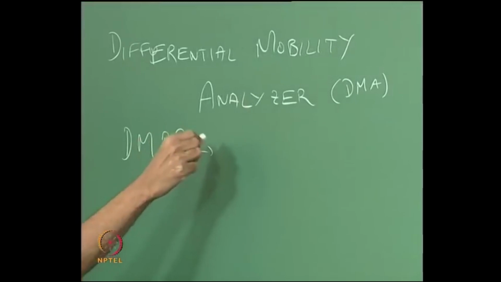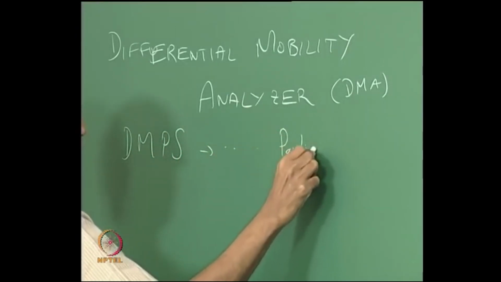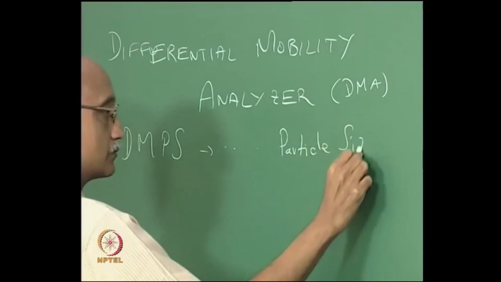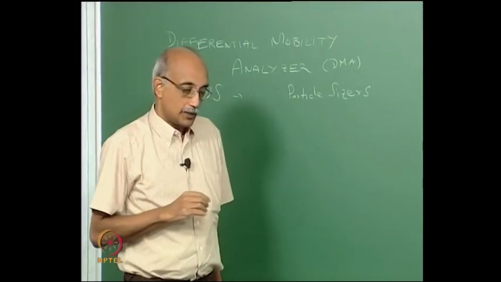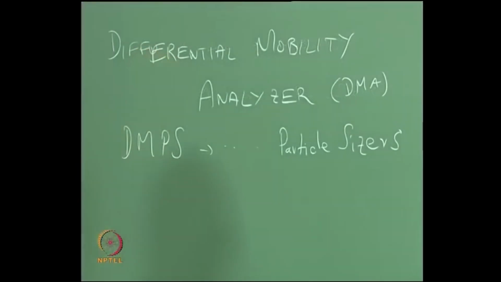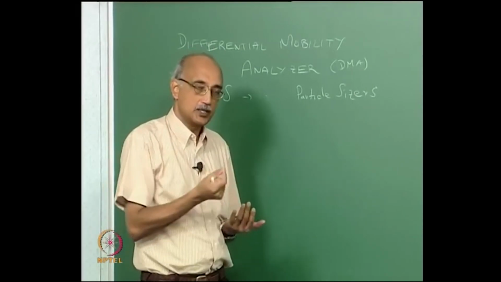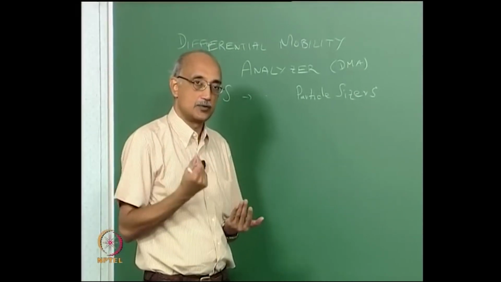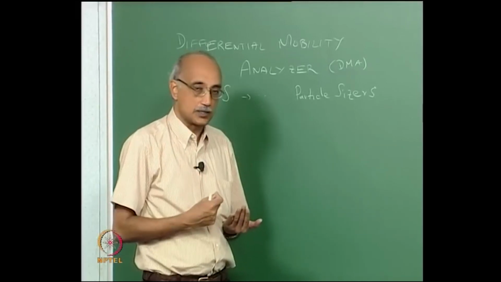It stands for differential mobility particle sizers. And so, the principle again is these instruments take advantage of the fact that in the submicron range, the mobility of the particles is very much a function of the diffusion coefficient, which is an inverse function of particle size.